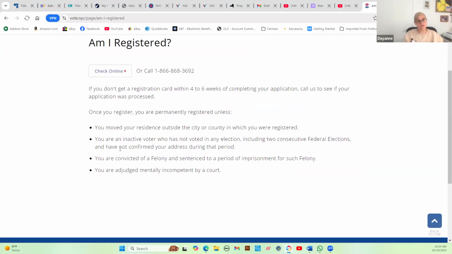Now, they've changed a particular rule when it comes to felons. Originally, when you had a felony, you could not vote, but that has been amended. But there is a specific criteria that has to be met for a felon to still be able to vote in the elections.